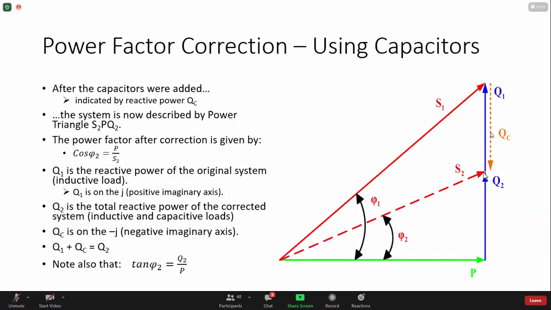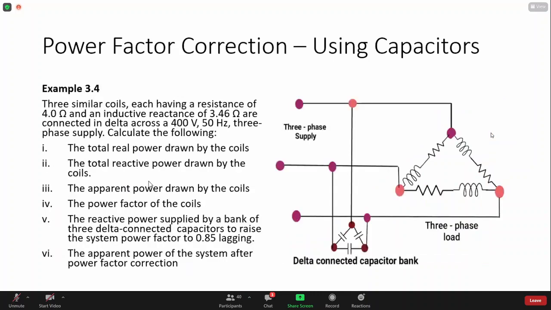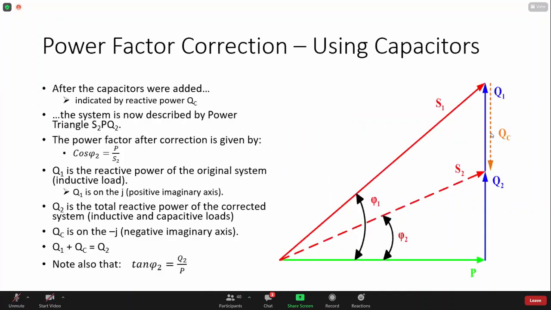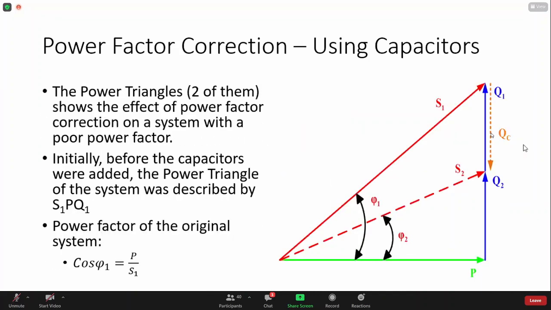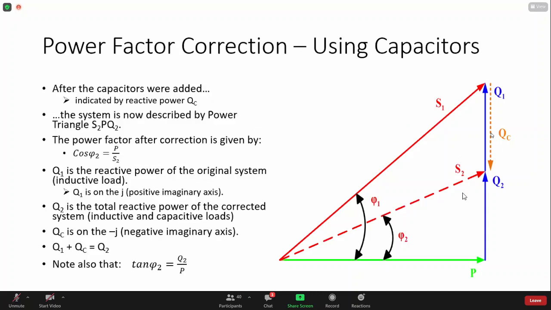You could do that. In that case S2 would be equal to P, because remember S is equal to P plus JQ. So if there are no Q's, then S and P would be equal. So yes, it is possible.